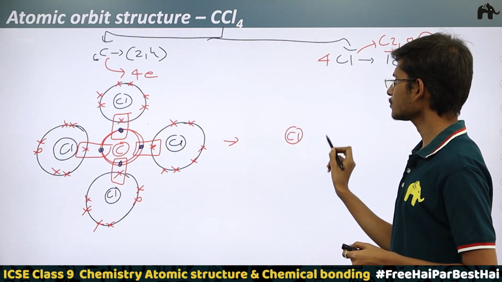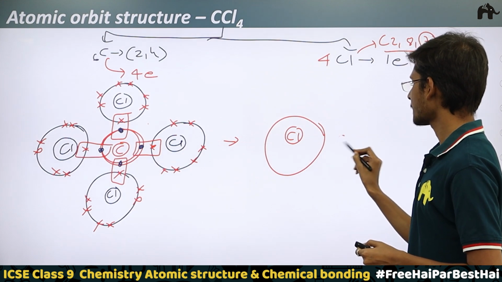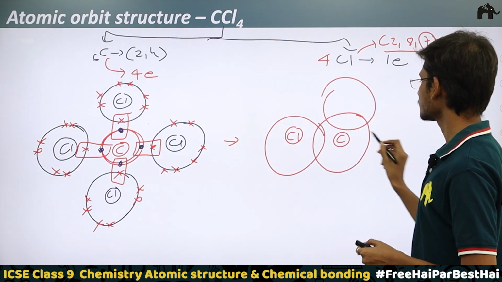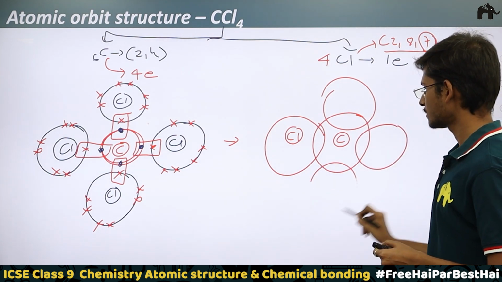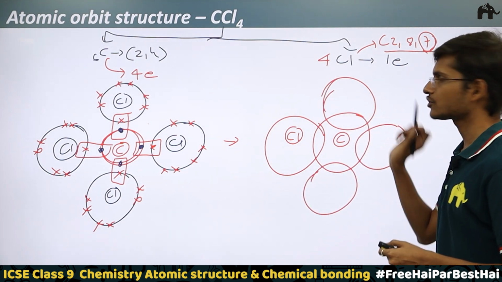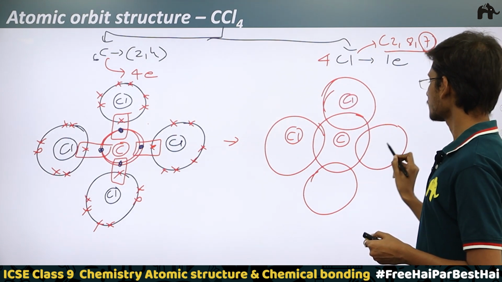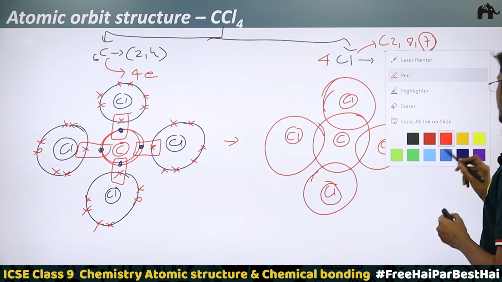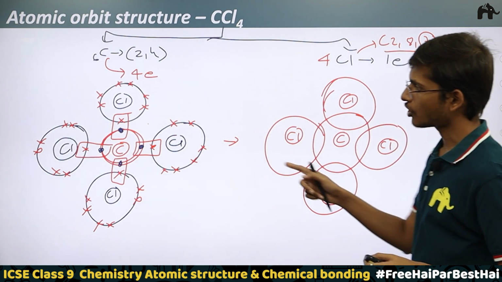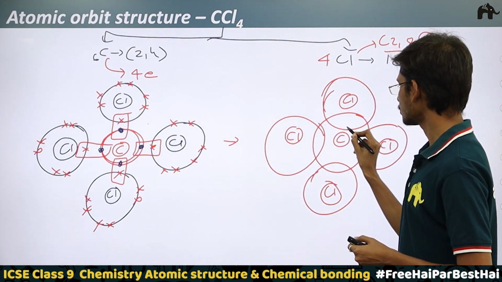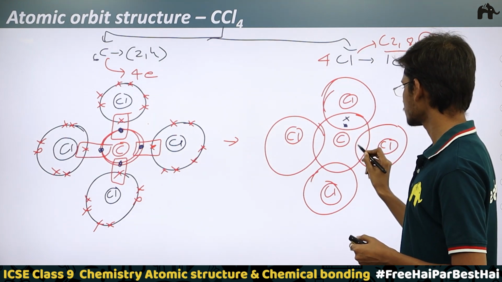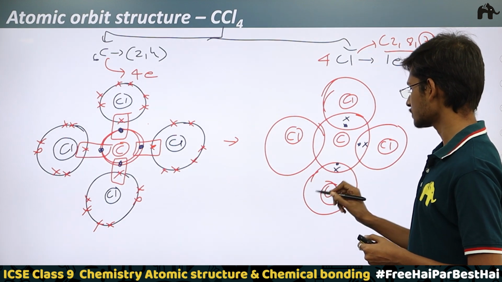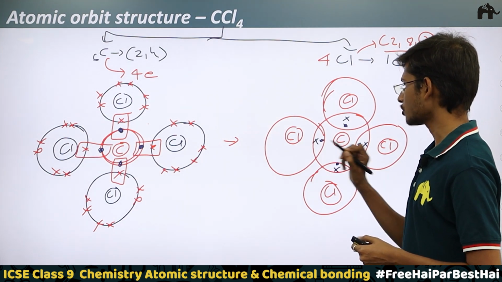So chlorine overlap, carbon overlap. I'm just drawing 4 circles initially, the outermost shells of chlorine. Now let's show the electrons. So dot cross, dot cross, dot cross, dot cross.